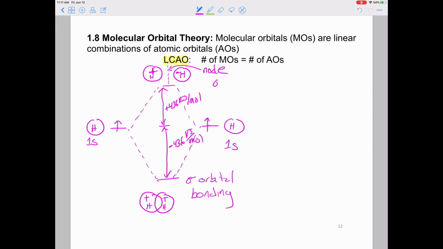And this is referred to as an antibonding orbital. And it is often denoted by putting an asterisk or a star next to the orbital designation. Okay, so we have the sigma bonding orbital and the sigma antibonding orbital.